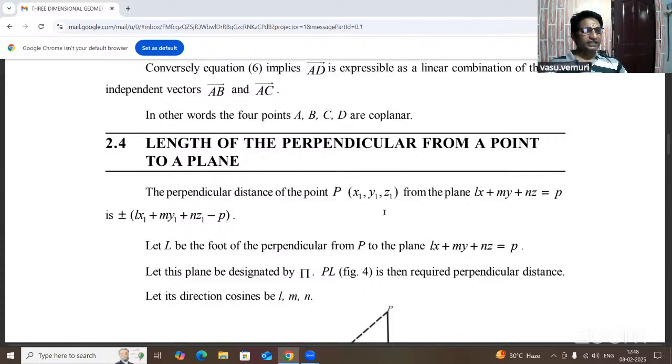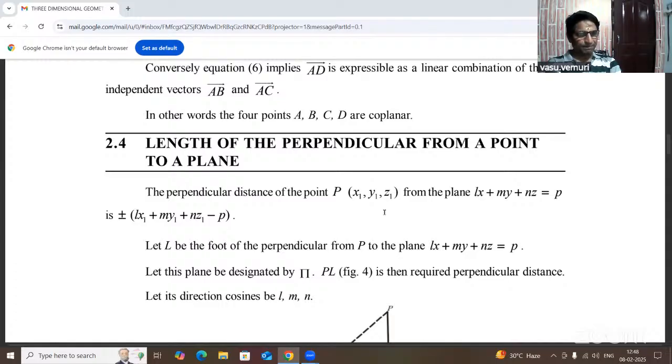How do we find it when one particular point is given, say capital P of x1, y1, z1? How do we find the length of the perpendicular from a point to a plane? Here the point is capital P of x1, y1, z1.